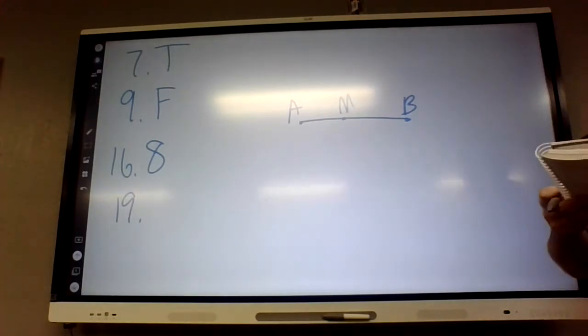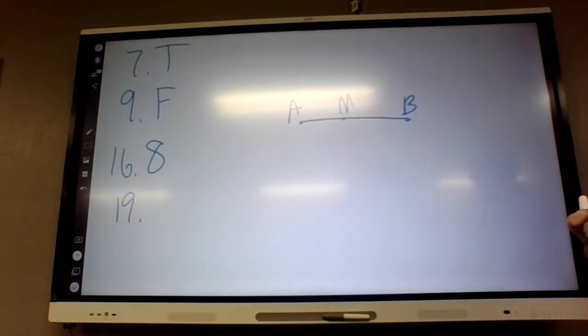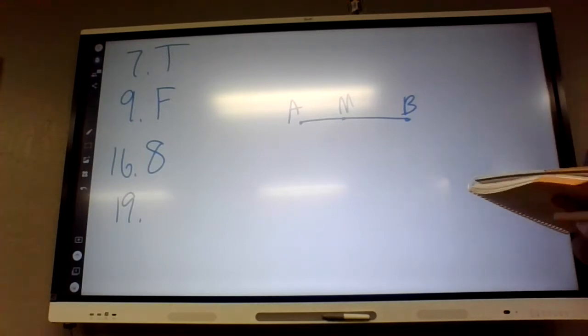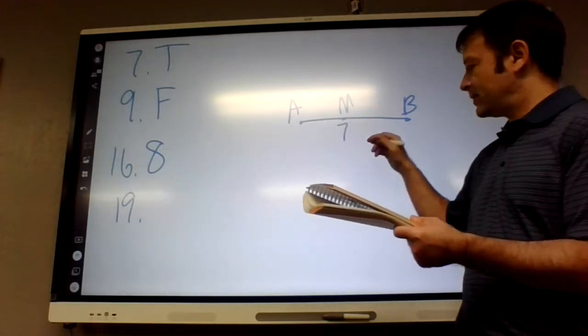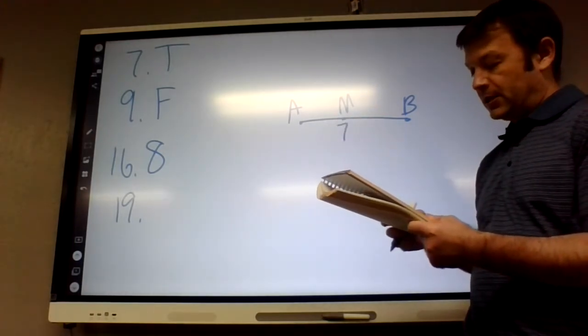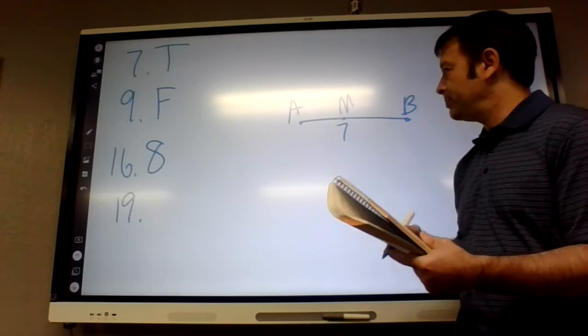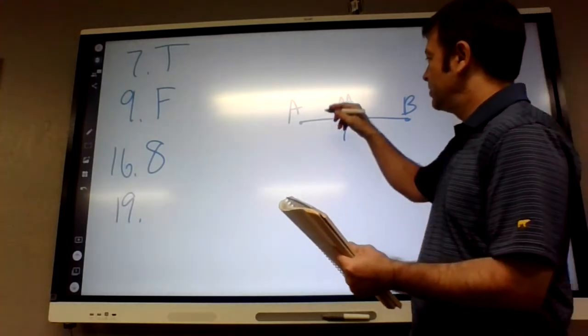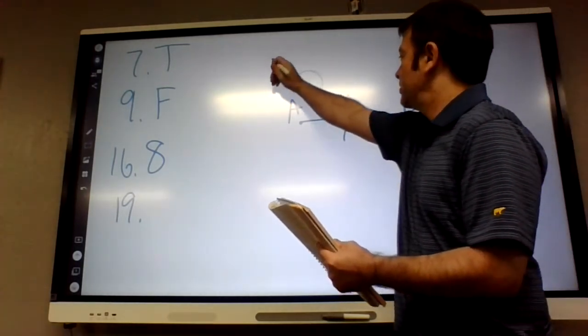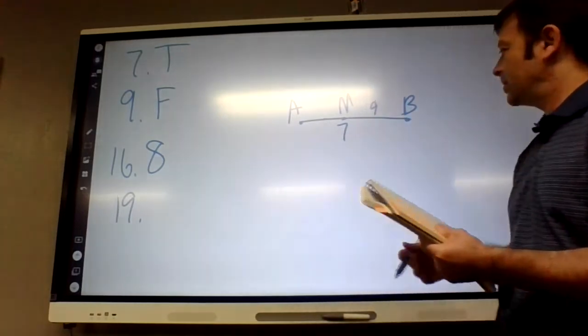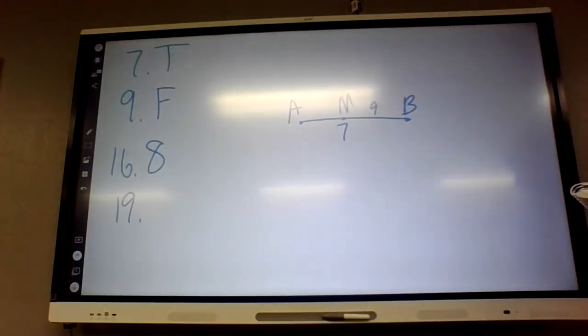And the length of MB, find the coordinates of A and B. So when they're saying coordinates, they're talking about a number line. So if M, the midpoint, is at 7, and MB, the length from here to here, is 9, find the coordinates of A and B.